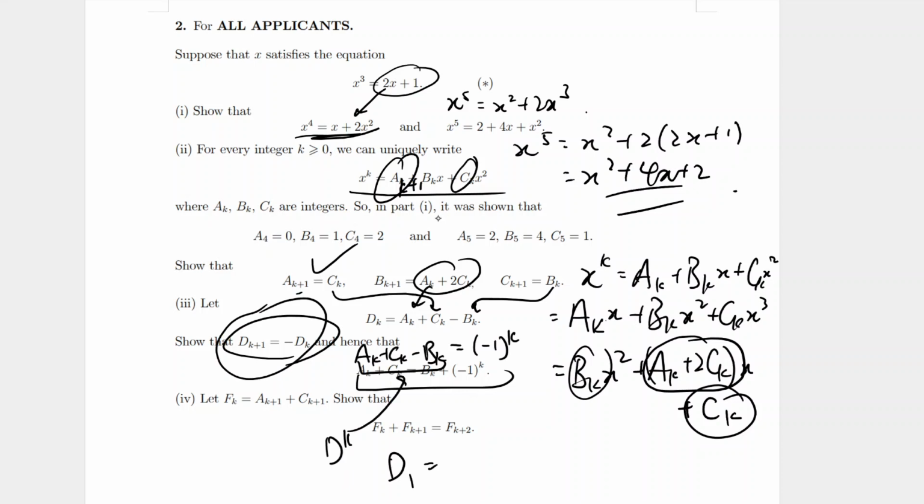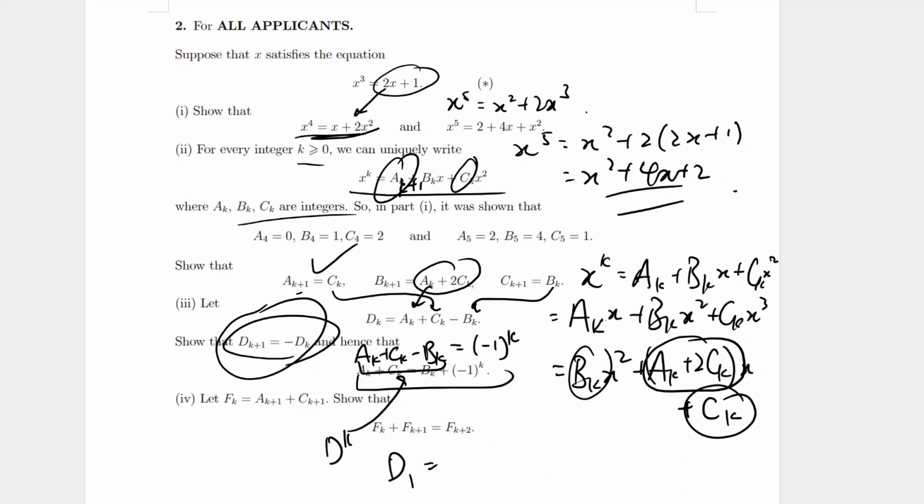d(1) is a(1) plus c(1) minus b(1). What even is this? Well, I suppose it's just x itself, so it equals 0, 0, 1. I had a bit of a short circuit there.